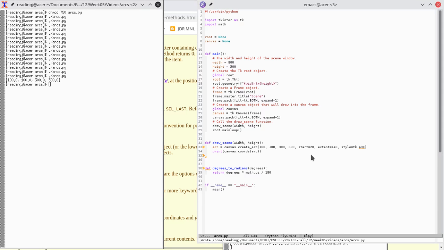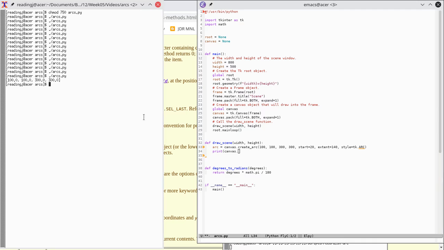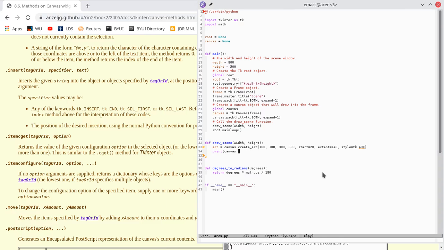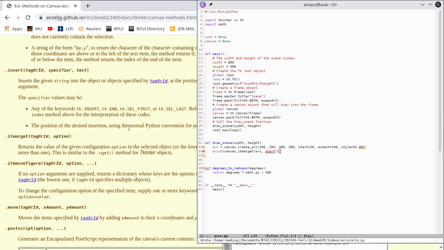So let's do canvas dot, what was that? How can I forget so quickly? Item cget arc start. Don't know if that's going to work, but we'll give it a try.